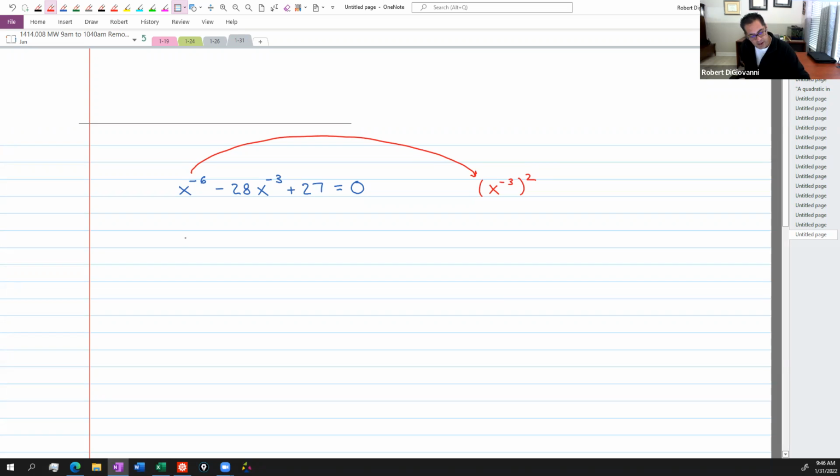And if I do that, I'll have x to the -3 squared minus 28 x to the negative 3 plus 27 equals 0. I make my substitution. X to the negative 3 is u. So this becomes u squared minus 28u plus 27 equals 0.